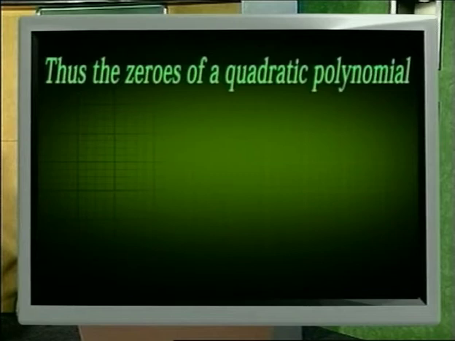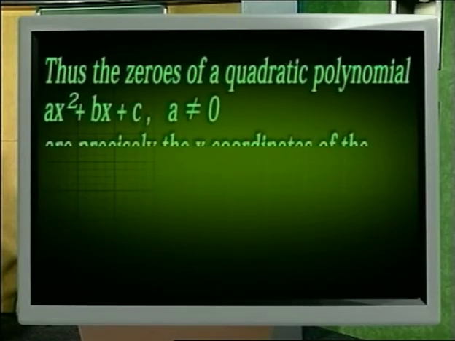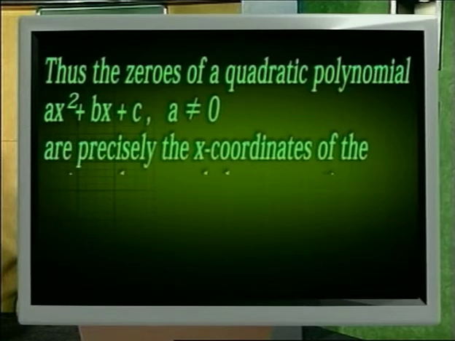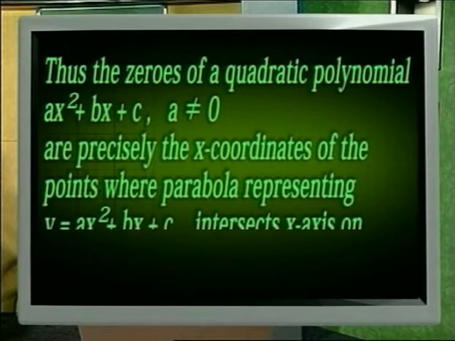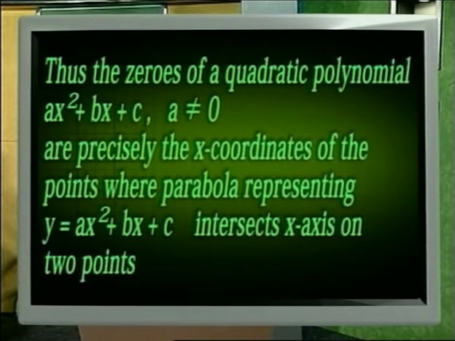Yes children, thus we can say that zeros of quadratic polynomial ax square plus bx plus c, where a is not equal to 0, are precisely the x coordinates of the points where the parabola representing the equation y is equal to ax square plus bx plus c intersects the x axis at 2 points.